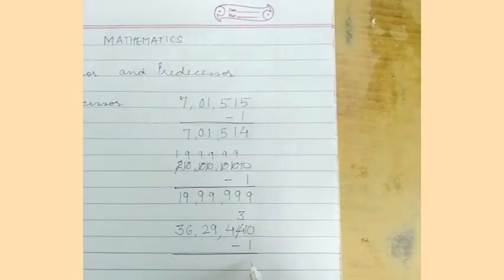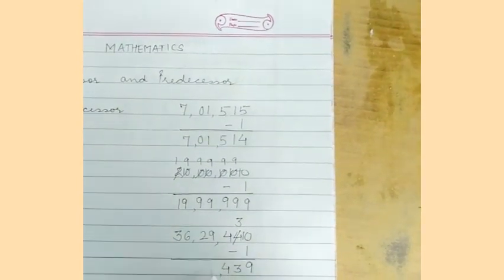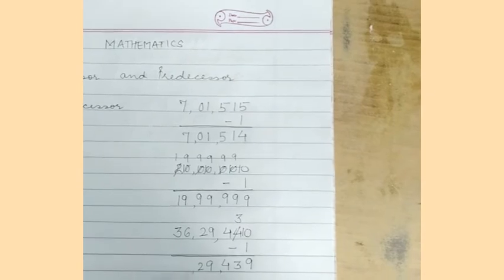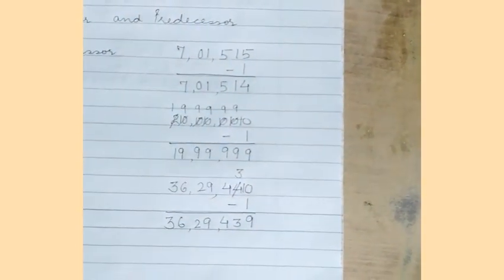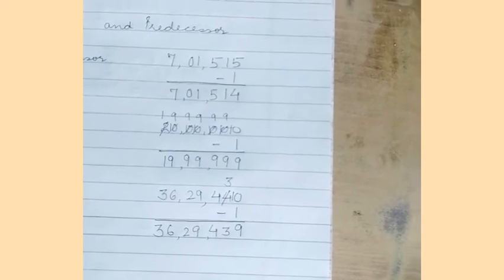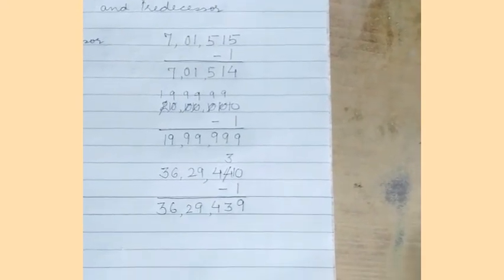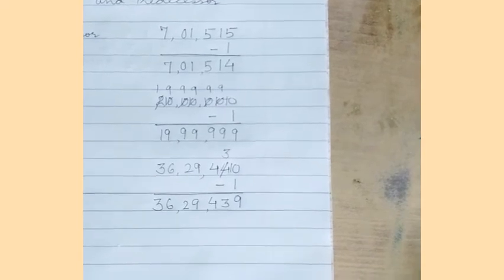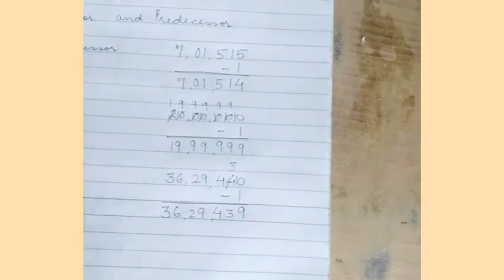So 10 minus 1 is 9, then 3, 4, 9, 2, 6 and 3. So the predecessor of 36,29,440 is 36,29,439.